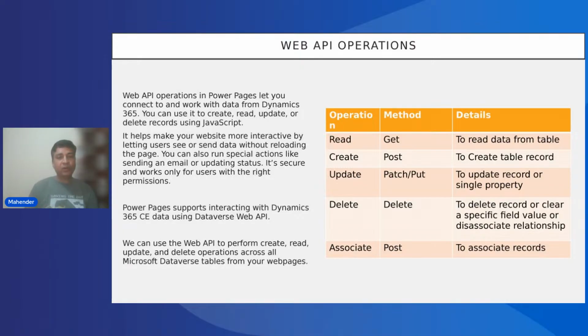Or let's take an example where you want to put some custom buttons, and on the click of a custom button you want to do some kind of operation. In that case we can use this web API, and this is very helpful to make your web pages dynamic and perform different types of operations.